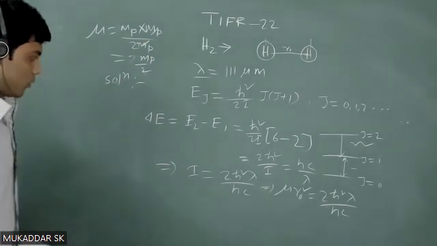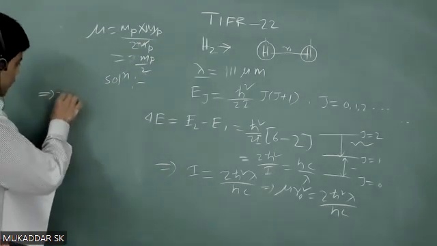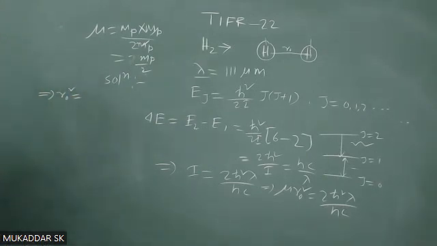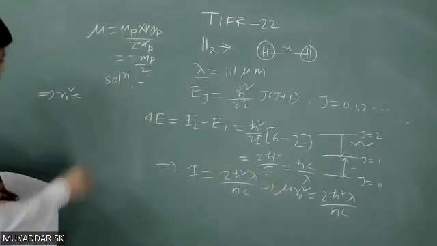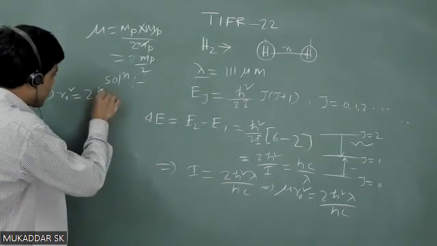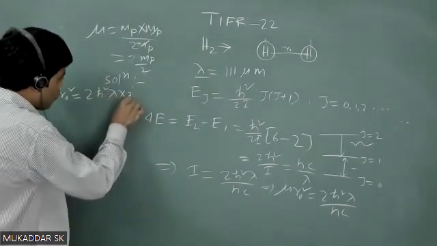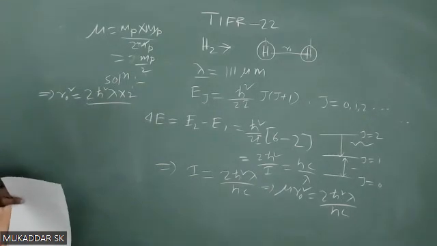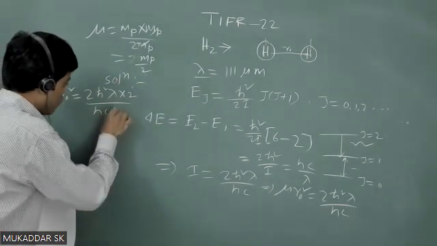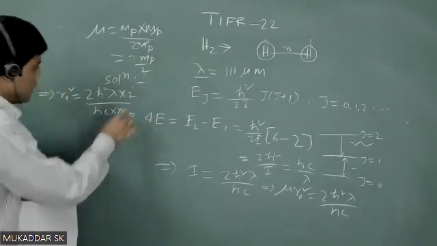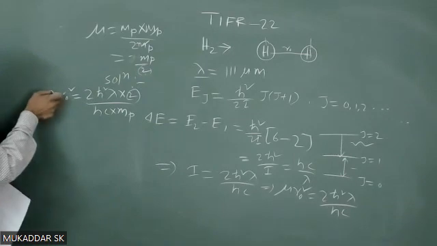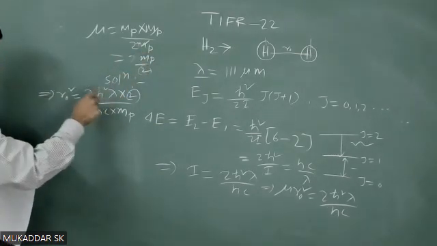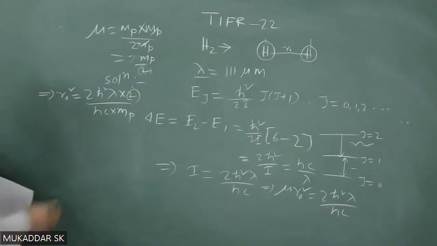So it means r naught square should be equal to, in place of mu you have to keep Mp by 2. If you keep it, you'll basically get 2 h cross square lambda into 2 divided by hc into Mp. This 2 is coming from here: if you keep mu as Mp by 2, this 2 will go here.